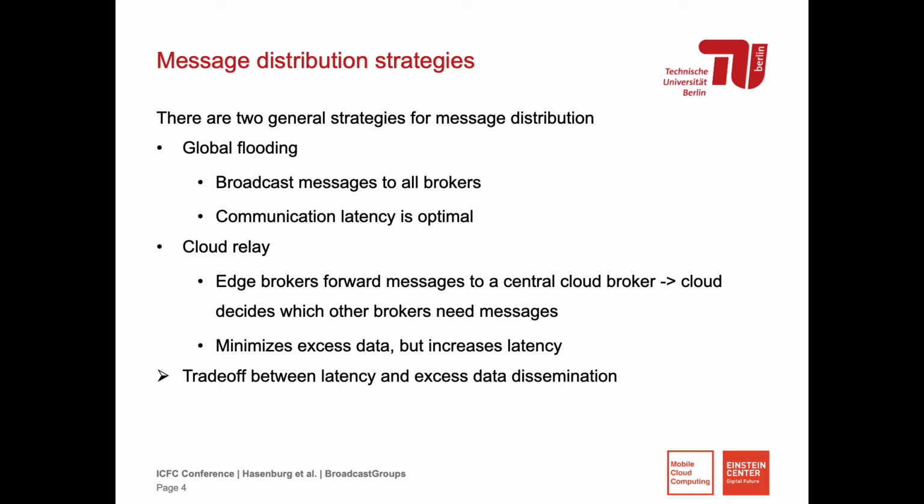With cloud relay, edge brokers forward the messages and subscriptions to a central cloud broker, which uses the subscription information to decide where to forward the messages. While minimizing excess data dissemination, this increases latency. From this, one can easily see that there's a trade-off between latency and excess data dissemination.